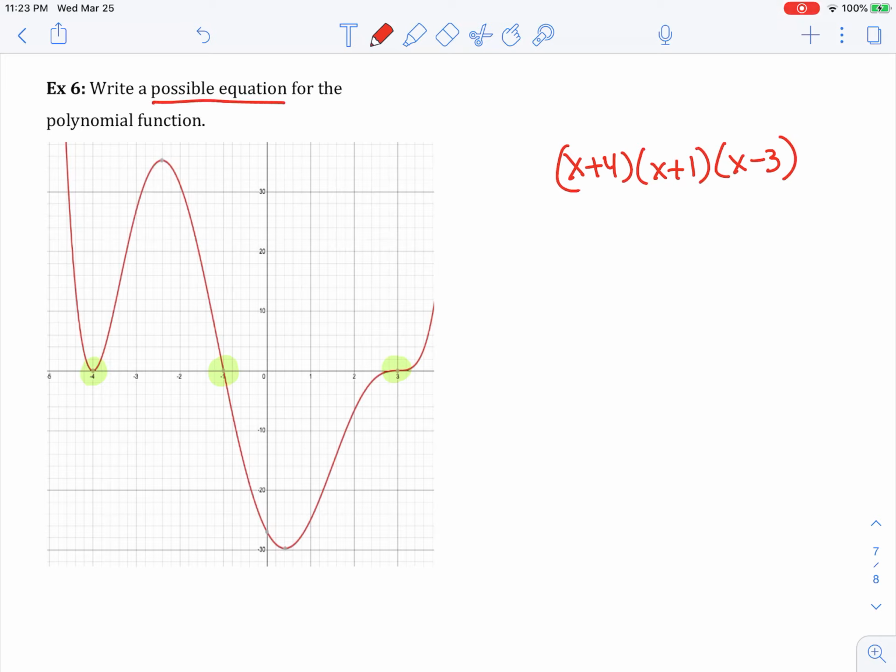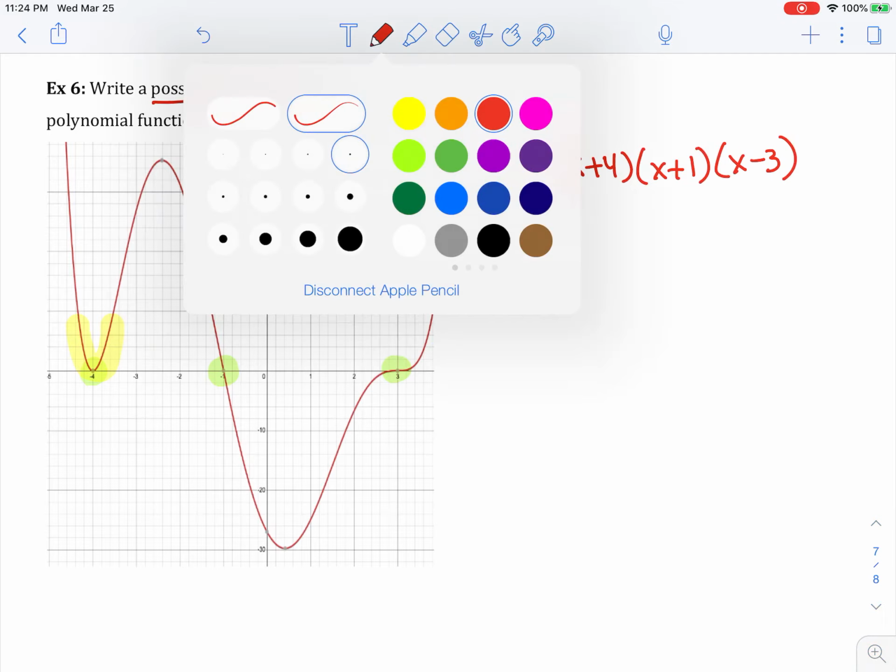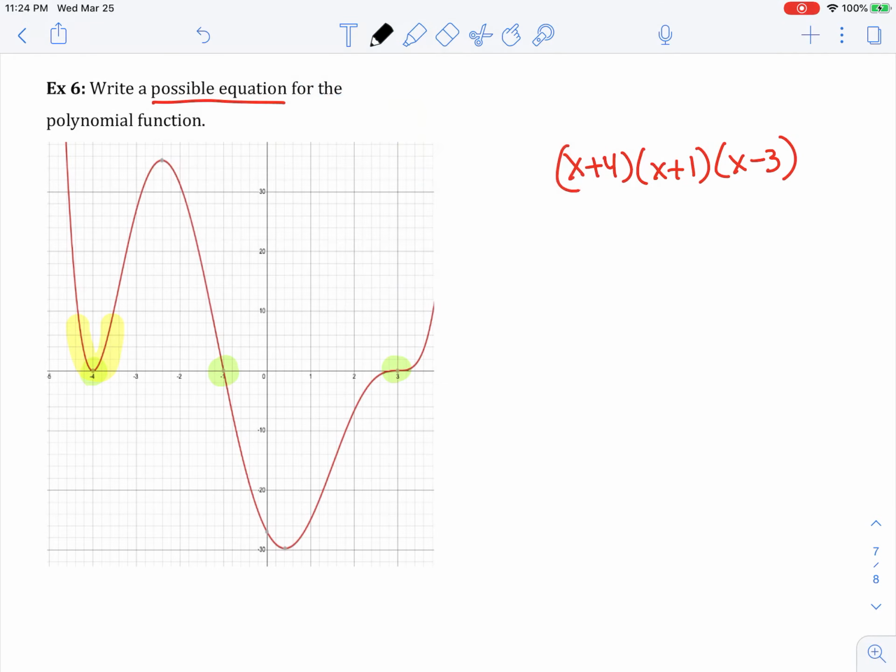Again, we're just looking at a possible equation. At x equal to -4, my graph is taking on this parabolic shape, this x squared type shape, which means that the exponent on our x plus 4 factor would have to be some sort of even integer. So that's why I'm just going to put a 2, but that's why it is a possible equation.